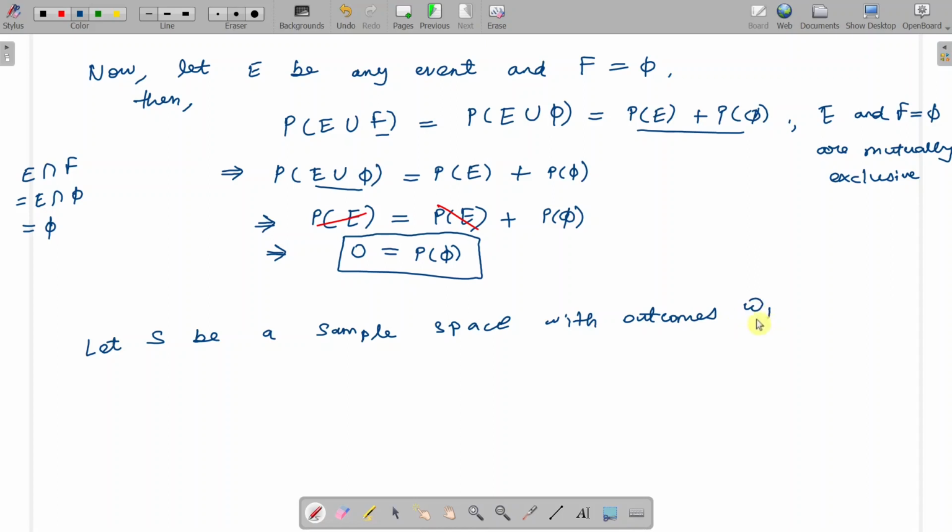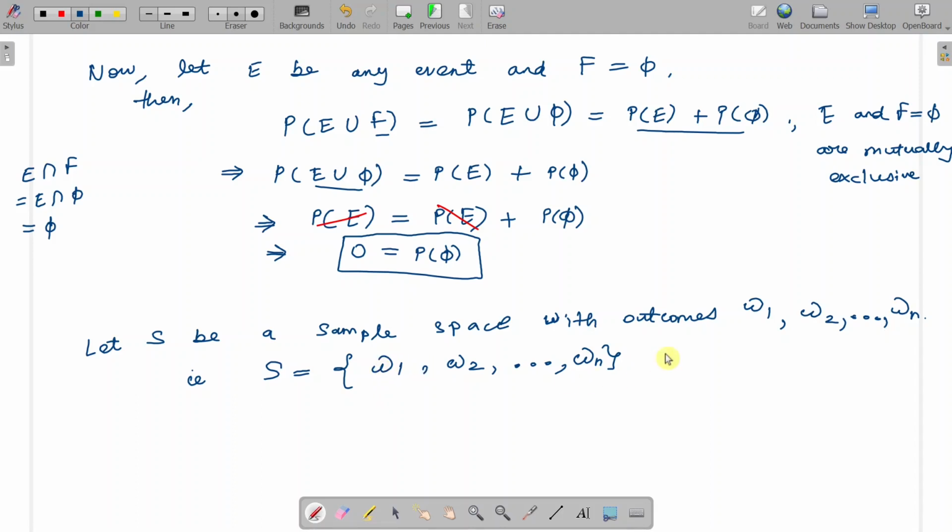So the first outcome is denoted as omega 1, right? The second outcome is denoted as omega 2, and so on up to omega n. So S is nothing but the set {omega 1, omega 2, up to omega n}. Okay, so all these sets are simple sets. These events, if you take omega 1, that is a singleton set.